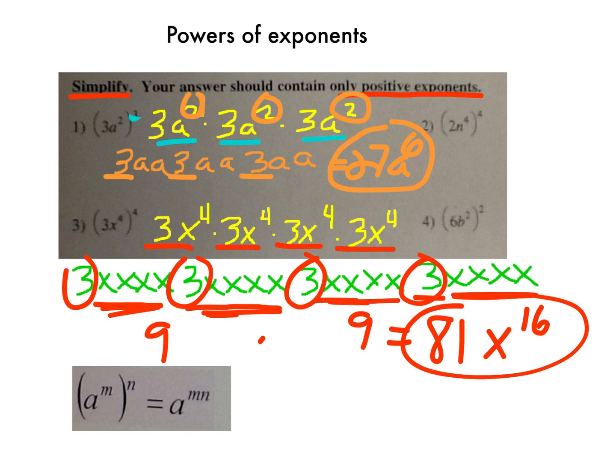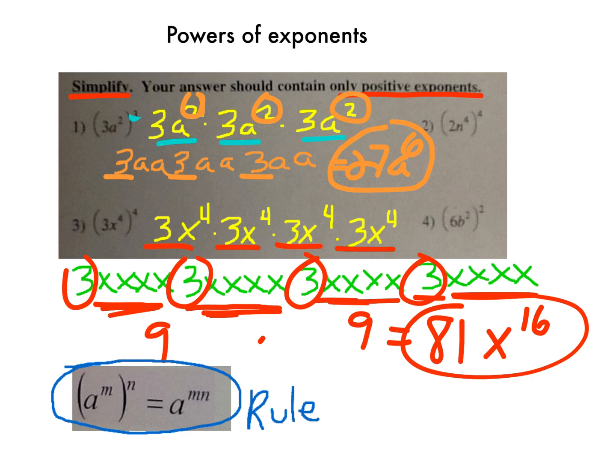So we happen to have a rule, and let me show you this rule. Here's the rule. A to the m power to the nth power is when you multiply the exponents together, m times n. So if I look back at these examples, here I have this power, I can multiply these powers. I have 2 times 3, which is 6, and this 3 actually has a 1 right there, so that is 3 to the 3rd power, by the way.